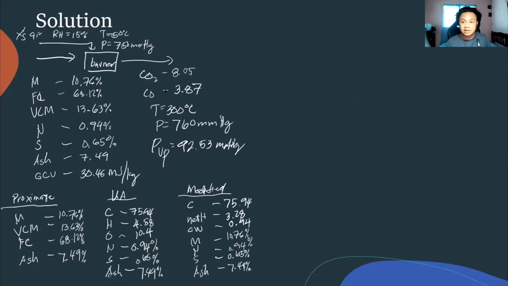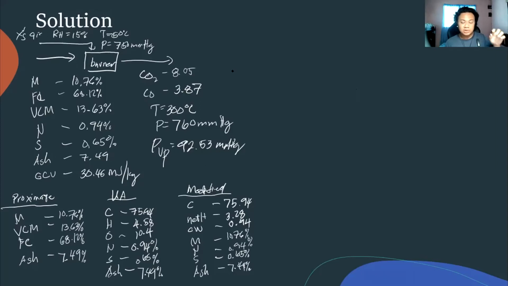Now we will use the RH to our advantage. We have to calculate the VO2 first so that we will get the actual air.